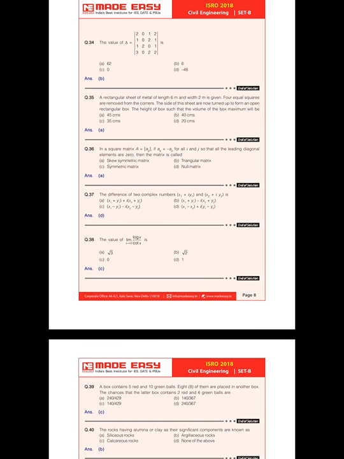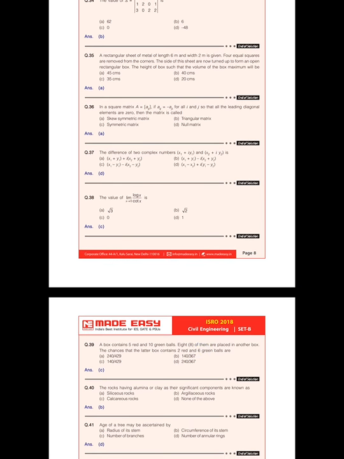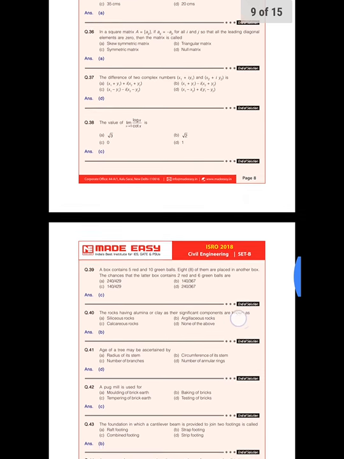Mathematics: the value of the determinant. Expand along the first column with plus and minus signs, so the answer we get is B, that is 6. The numerical part you can do.